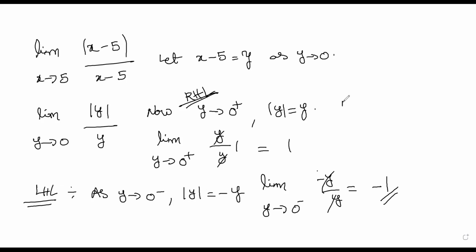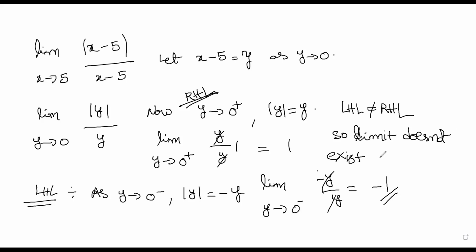So LHL is not equal to RHL. So the limit does not exist at that point, x is equal to 5.